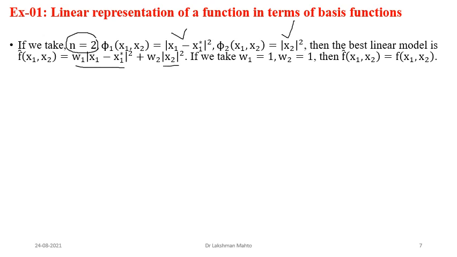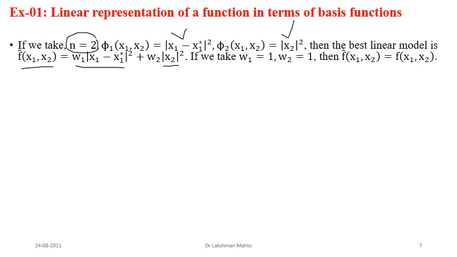That means it is linear with respect to w1 and w2. So this approximation is a linear representation of the actual function. If we take w1 equal to 1 and w2 equal to 1, then you will see that this represents the same function f of x1, x2.